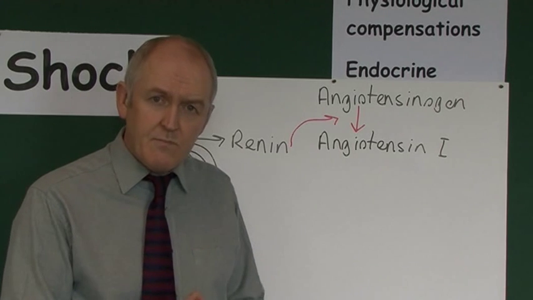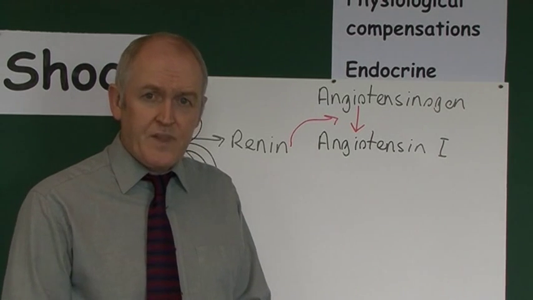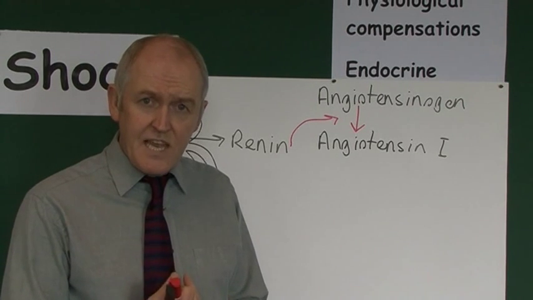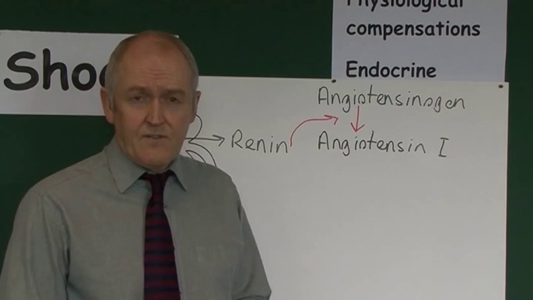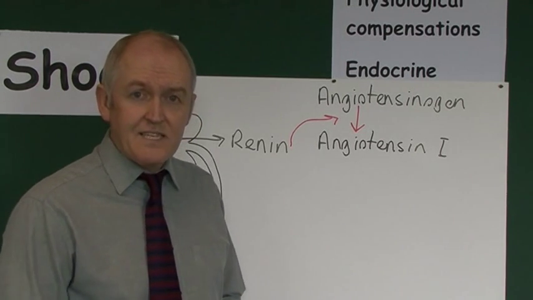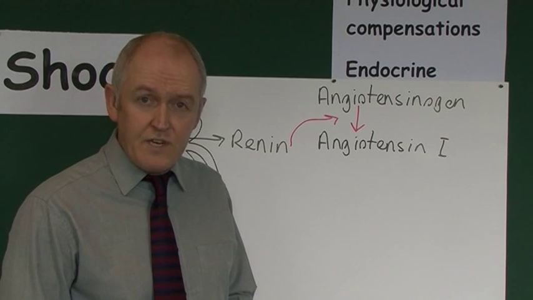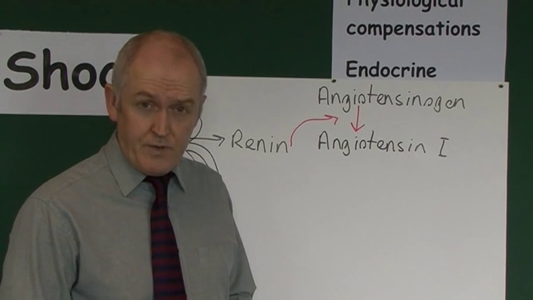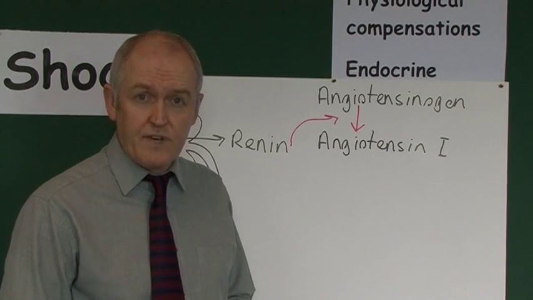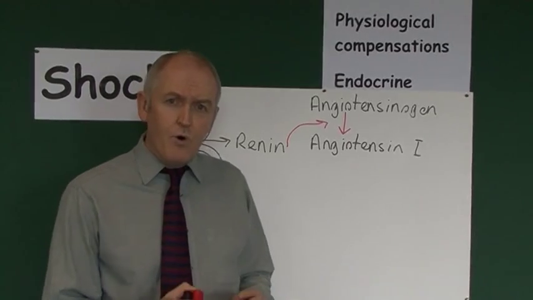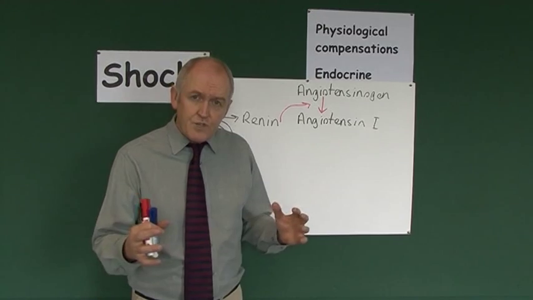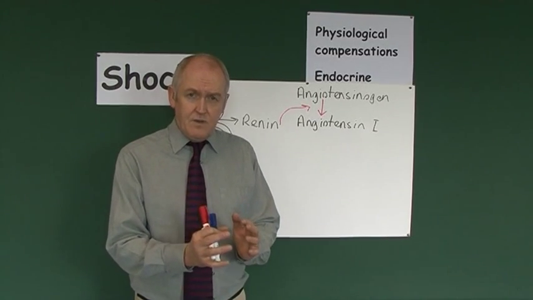And it will cause some vasoconstriction, and it will also cause some increase in the release of aldosterone from the adrenal gland, from the adrenal cortex. And aldosterone will increase the amount of sodium which is reabsorbed from the renal tubules. So if you increase the amount of sodium which is reabsorbed from the renal tubules, there's going to be more sodium in the blood, and because sodium is osmotic, it's going to attract water into the blood.